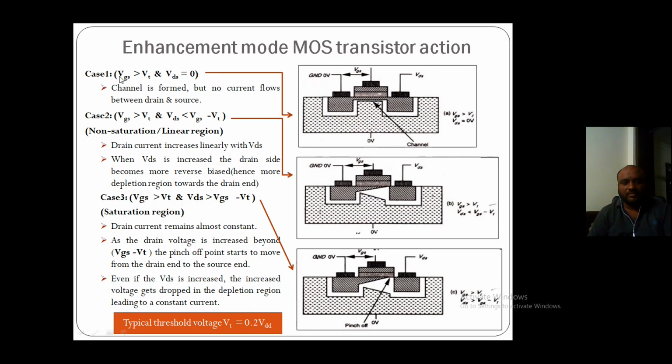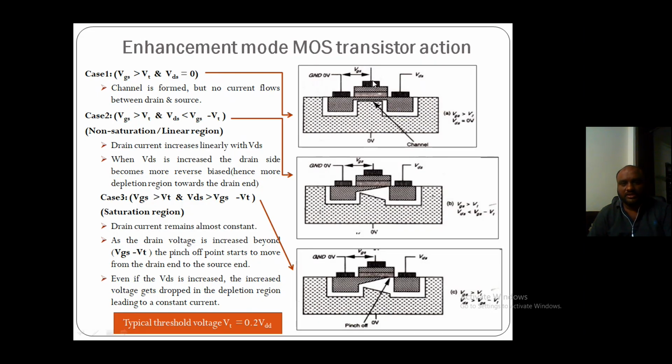Case 1, where VGS, that is gate to substrate voltage, is greater than the threshold voltage VT, and VDS is equal to 0. That means there is no potential applied between the drain and the source. The transistor action is that the channel is formed, but no current flows between drain and source.